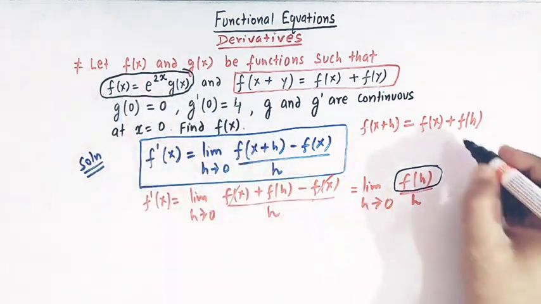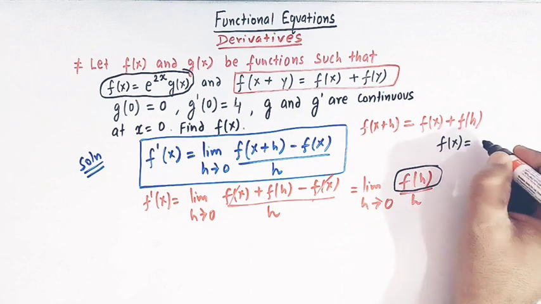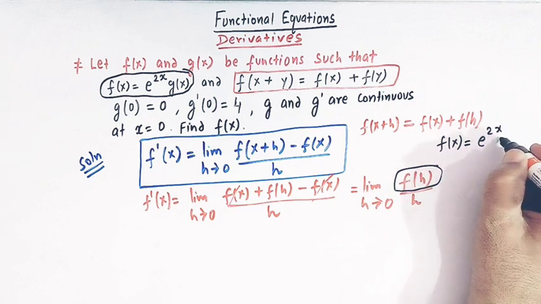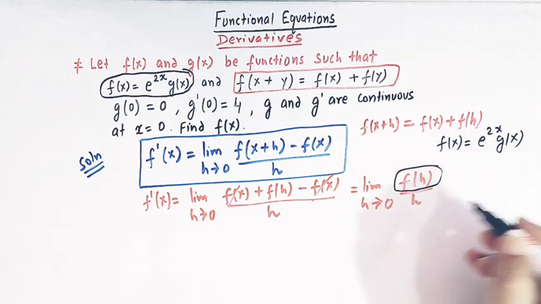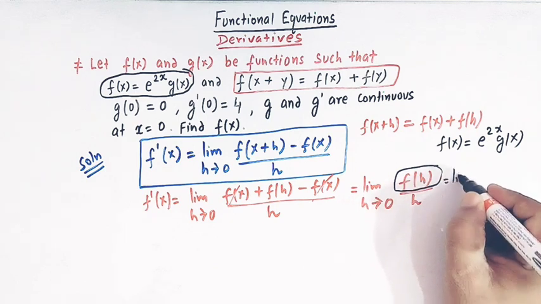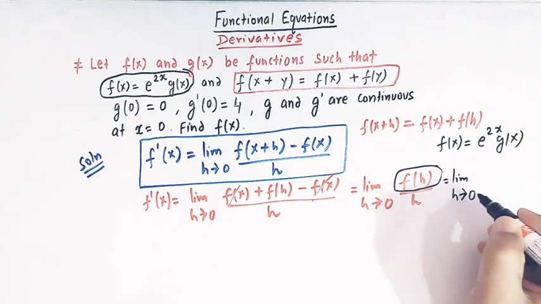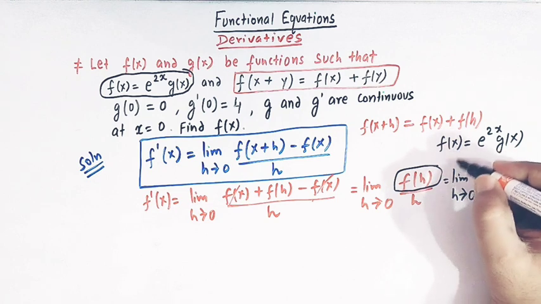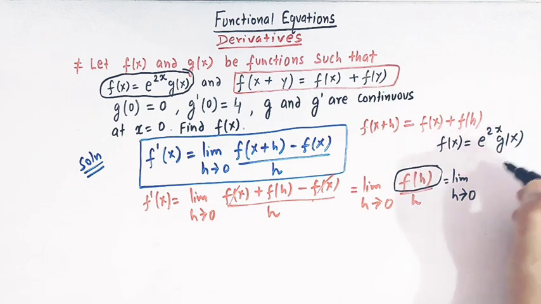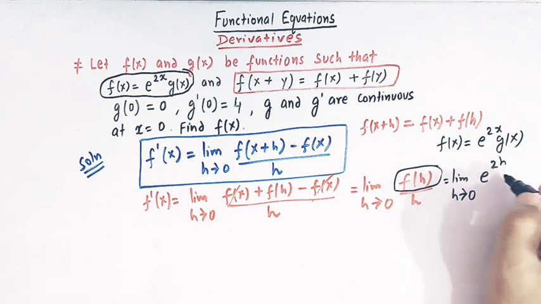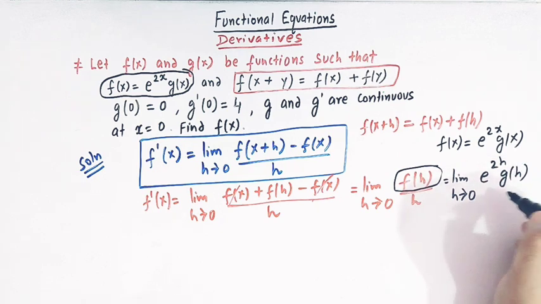So here we have f of x is equal to e raised to 2x times g of x, right? So f of h is obtained by replacing x by h. So we have e raised to 2h, here we have g of h divided by h, right?